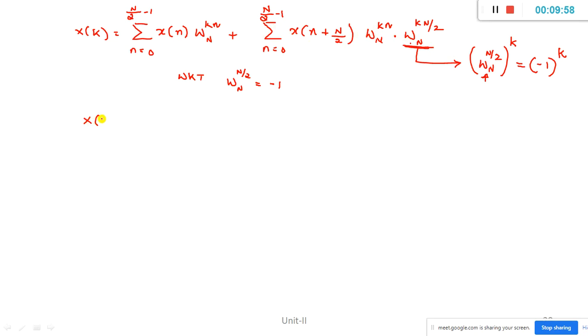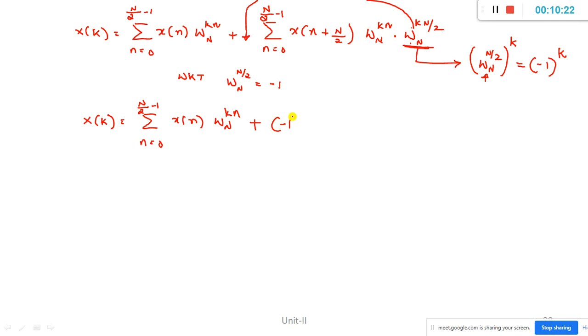So what happens? X of k is equal to summation n runs from 0 to n by 2 minus 1 x of n W_N to the power of kn. So I am taking this portion outside. So this is equal to what? Minus 1 whole to the power of k.